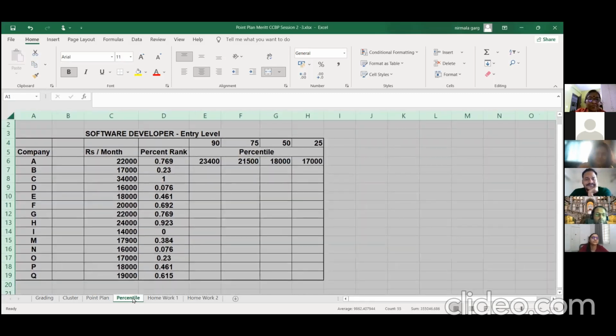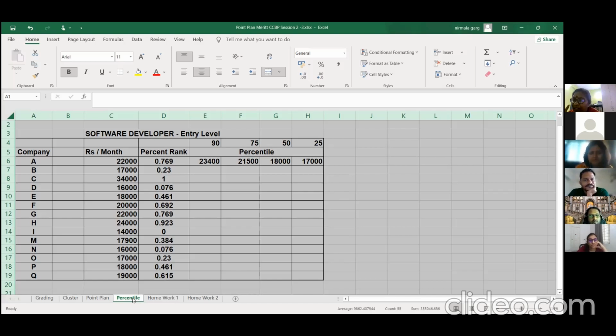For ready reference, say all of you work in software companies. I'm in a software developer company and I want to recruit entry-level software developers. I don't know how much to pay, but I want to pay at the 75th percentile.